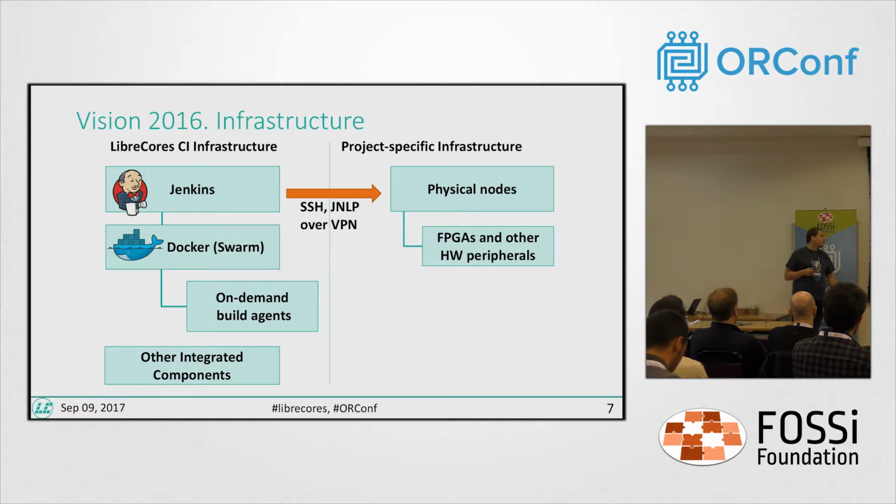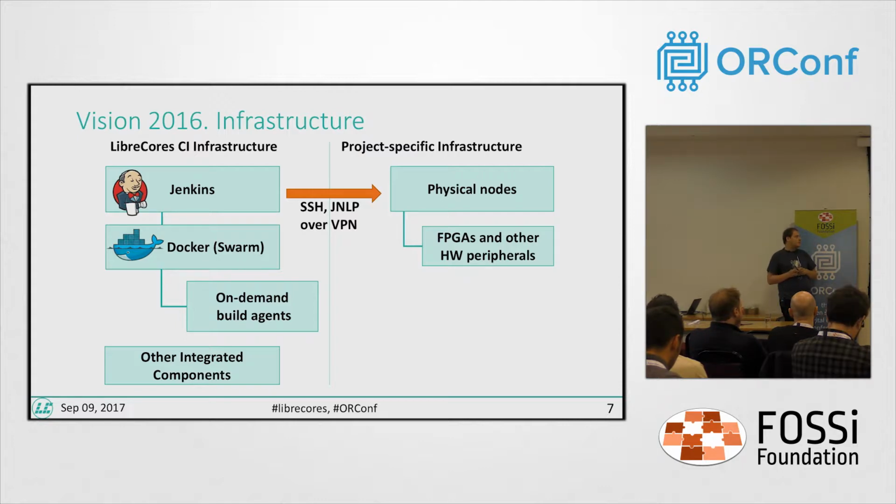And we have infrastructure mostly based on Docker. So for example, if you need to run a build which requires specific EDA tools, for example, Icarus, Yosys, or whatever, you can run it on our infrastructure. We have packages in Docker which provide these tools, and they can be used as a part of the build flow. If you need hardware infrastructure, it's a bit more complicated.